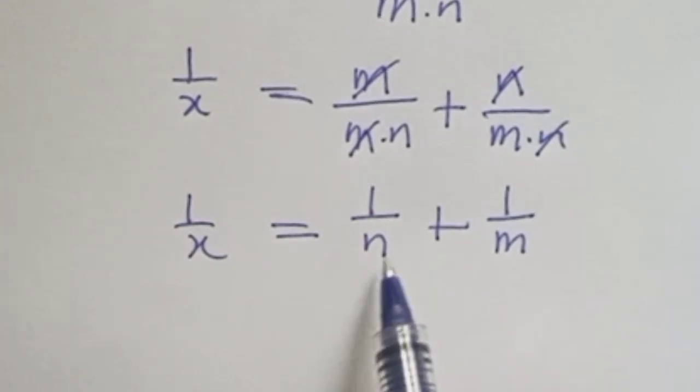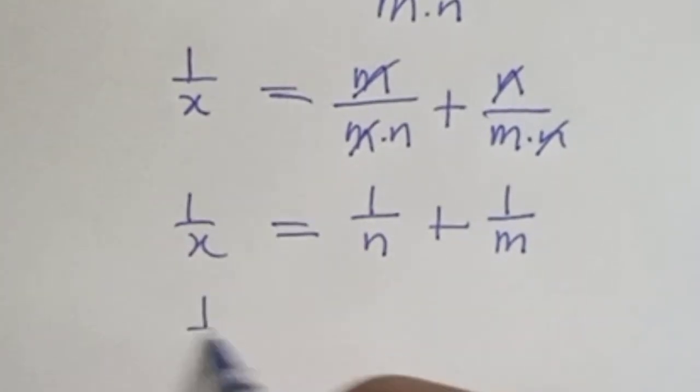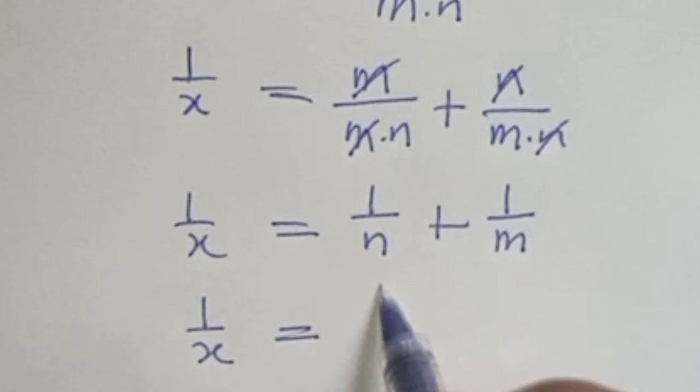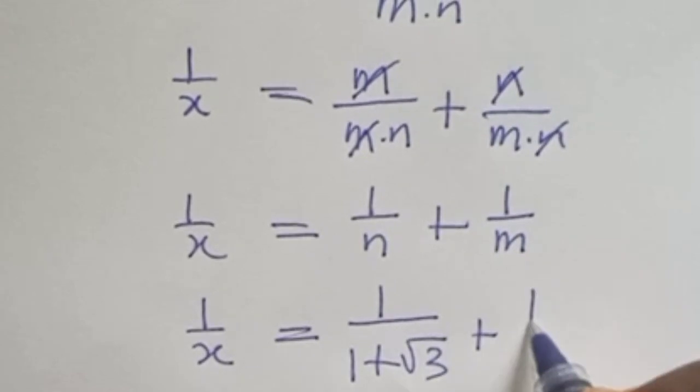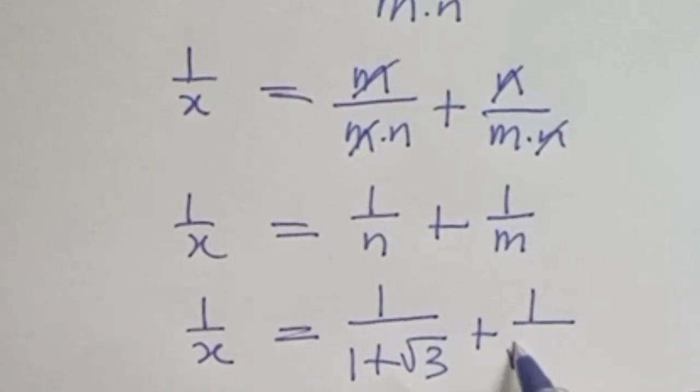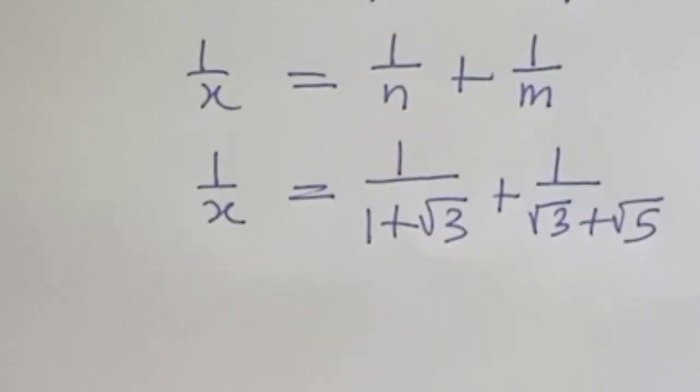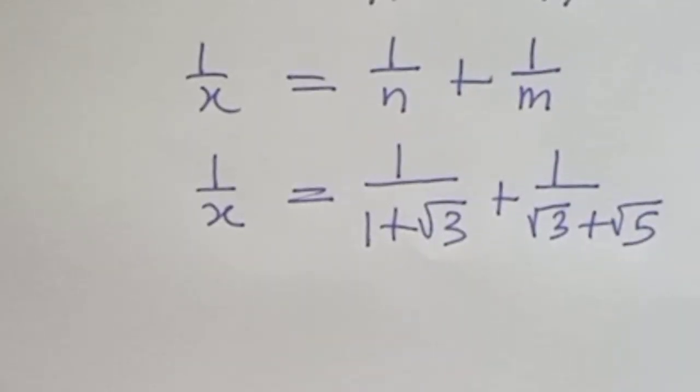So if we replace the values of m and n, 1 over s will therefore be equal to 1 over 1 plus square root of 3, plus 1 all over square root of 3 plus square root of 5. And here our responsibility is to rationalize these radicals, that is, to take the conjugate.